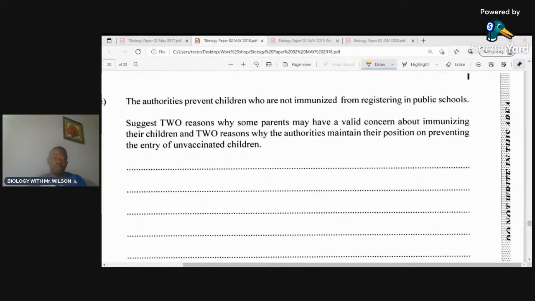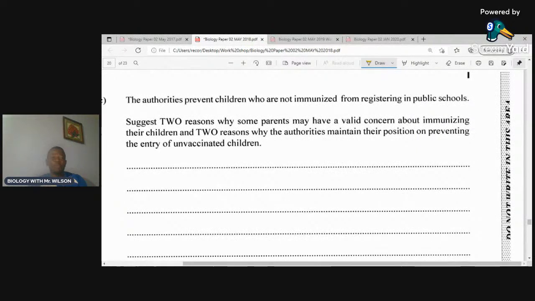You want me to read it over? All right, so I'll just do that for you very quickly. The authorities prevent children who are not immunized from registering in public schools.